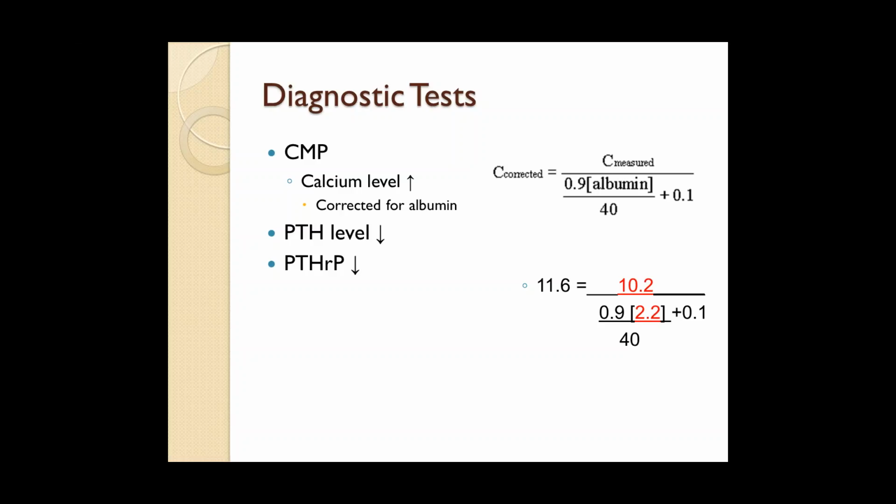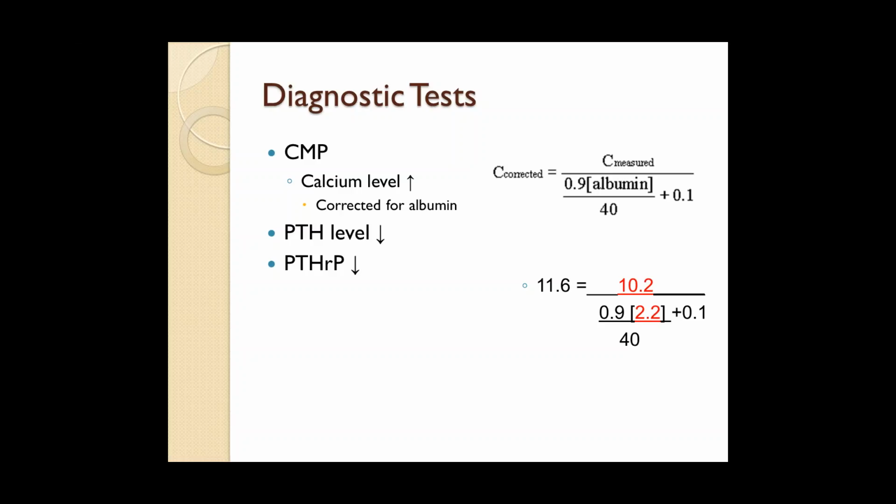On this slide, I have given you an example and a copy of the calculation used to correct calcium levels for hypoalbuminemia. And as you can see here, it's important to make sure that we're assessing albumin levels in patients who may have just even moderate degrees of hypercalcemia. In the calculation noted on the slide, on a chemistry panel, the patient's calcium level was only 10.2.